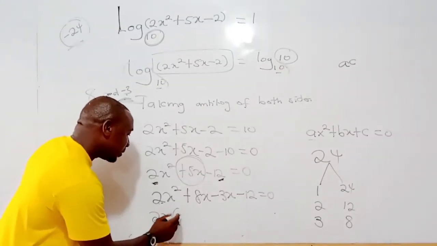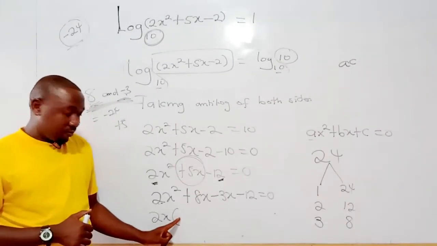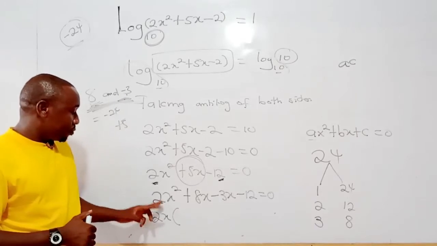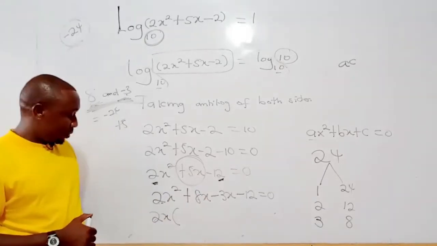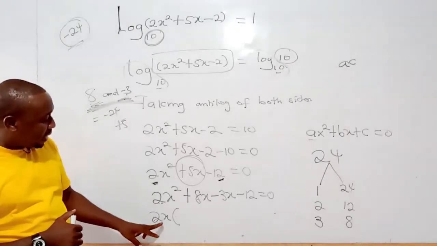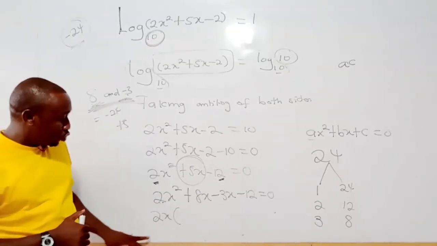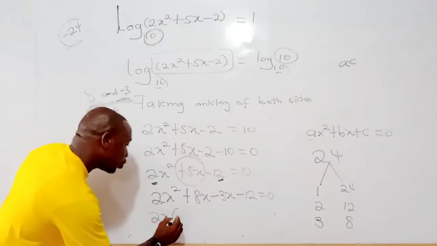If you want to know what should be in the bracket, you need to divide each term by the 2x. If you are dividing 2x squared by 2x, the 2 will cancel the 2 and the x will cancel the x, so you'll be left with only x here.